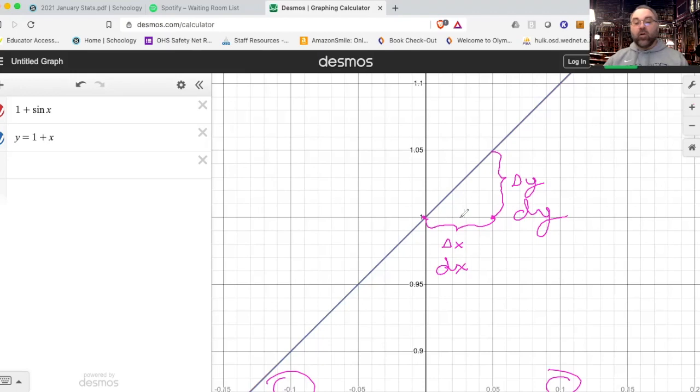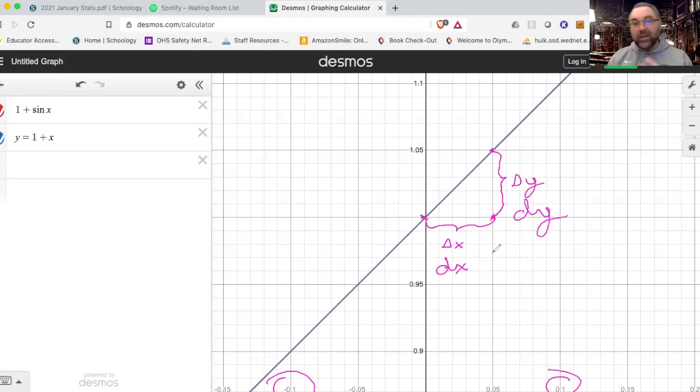Okay, if I were to go over 0.05 on the graph, 1 plus sine of x, and then see what my corresponding change in my y coordinate is, that's very similar to the slope, rise and run, of the tangent line. And that's the whole point for differentials.